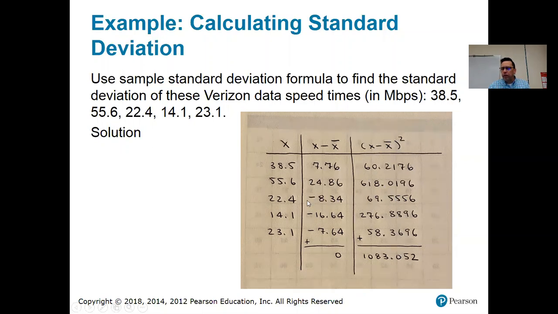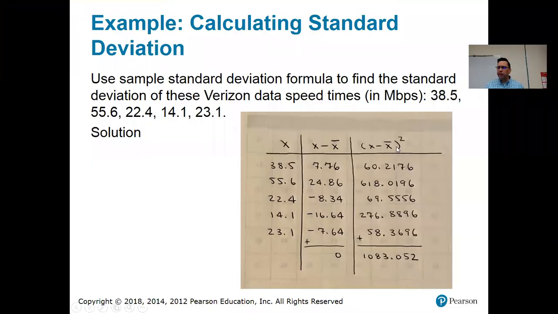So when you're putting that in the calculator, make sure that you put parentheses around this negative 8.34. All of these numbers should be positive. Maybe once in a while, some of them will be 0, but they should never, ever be negative.